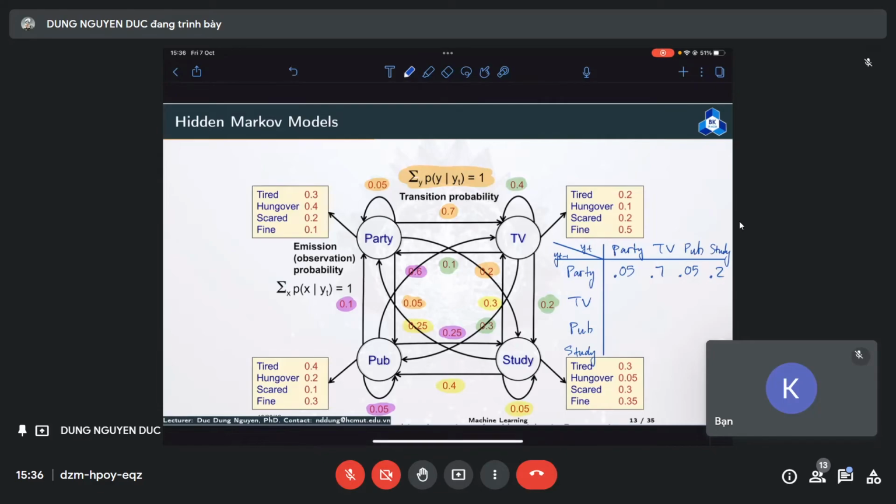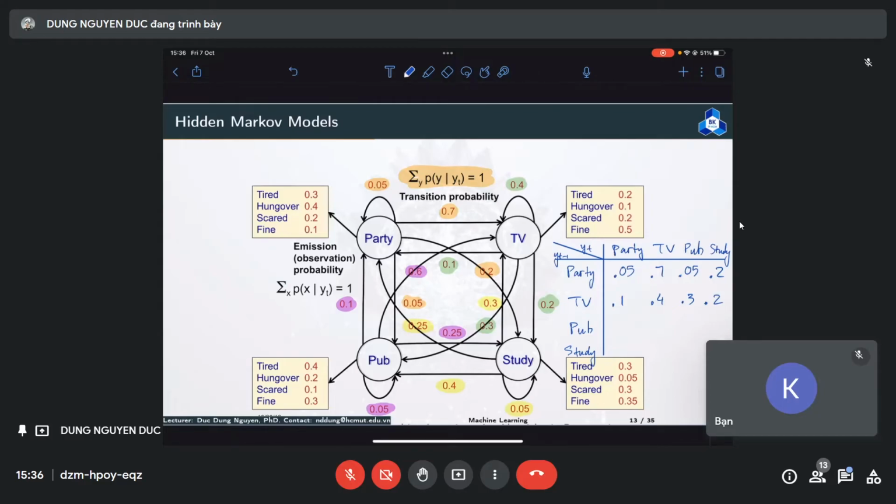From TV, I will have TV to party is 0.1. TV to TV is 40%. TV to pub is 30%, and TV to study is 20%.